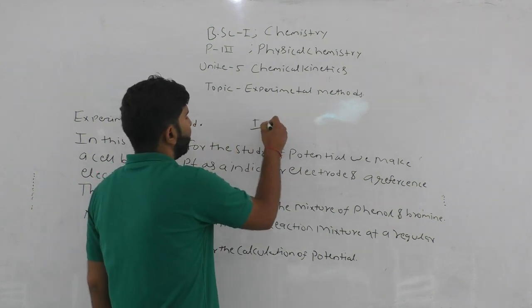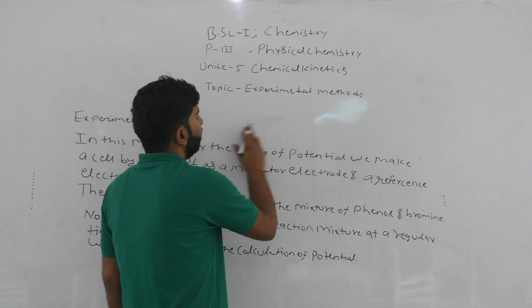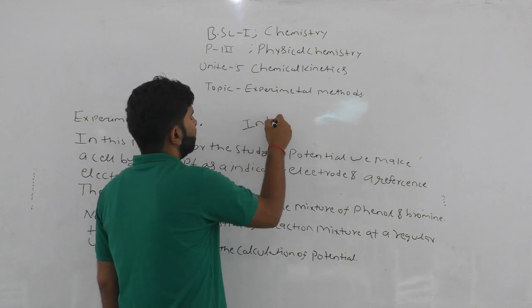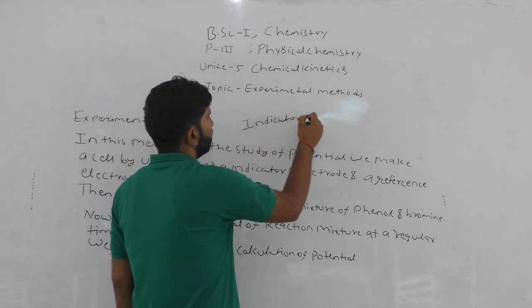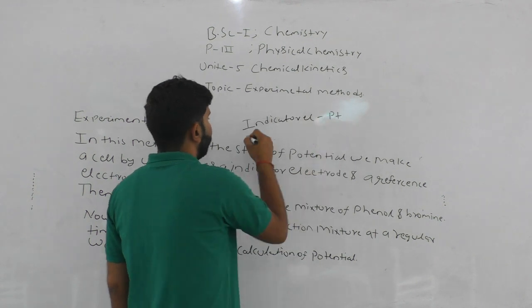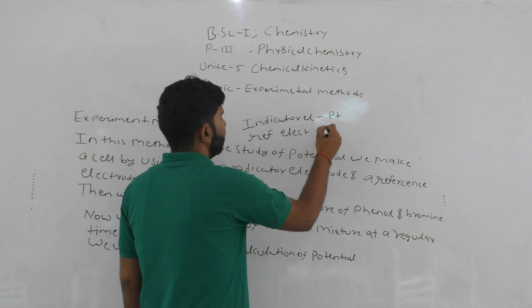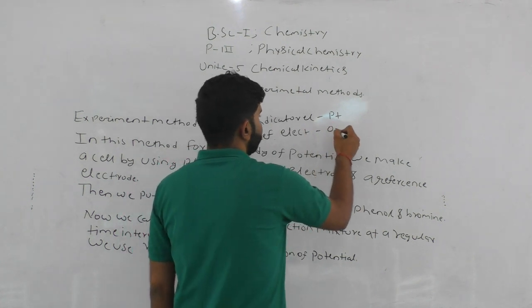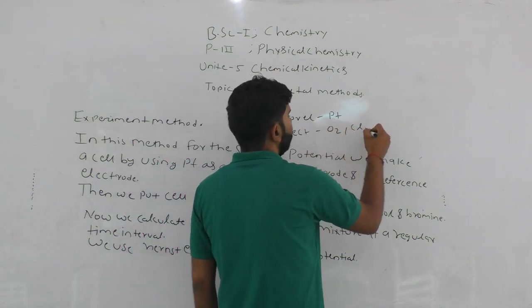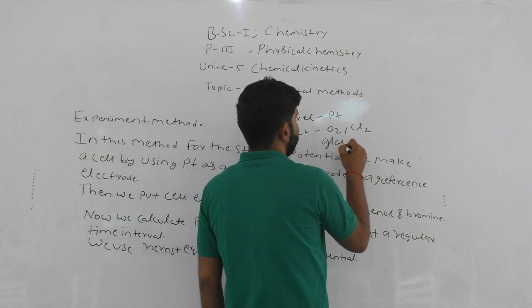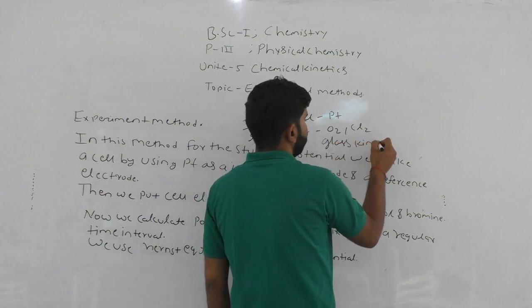So, the indicator electrode is platinum and the reference electrode is any oxygen, chlorine, glass, any kind of electrode.